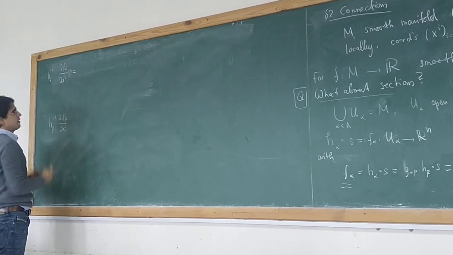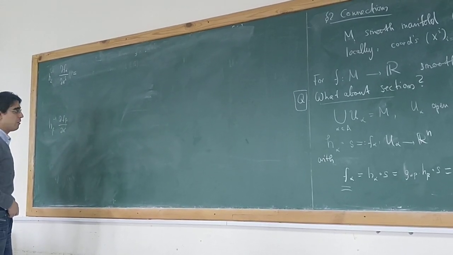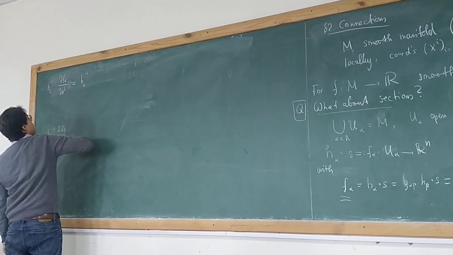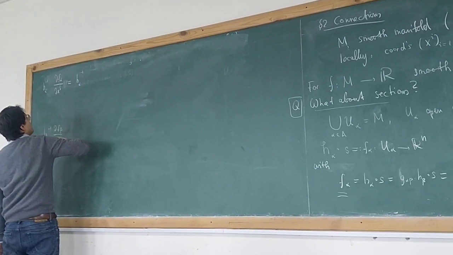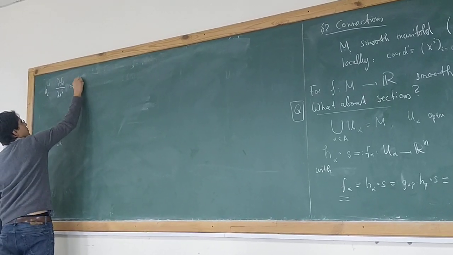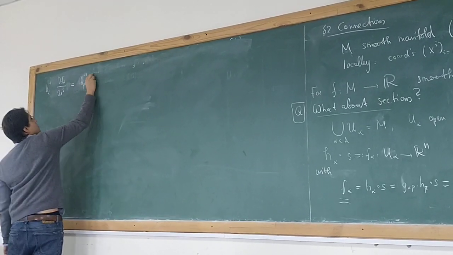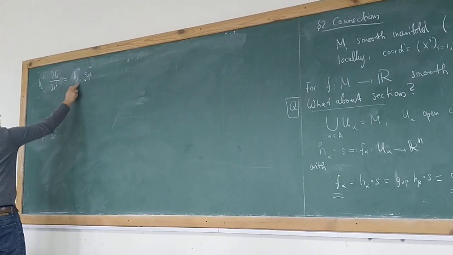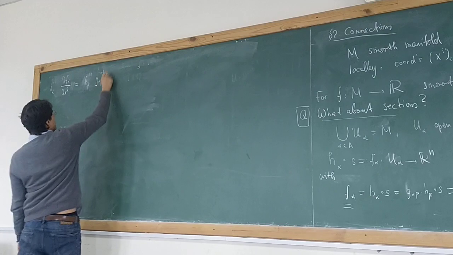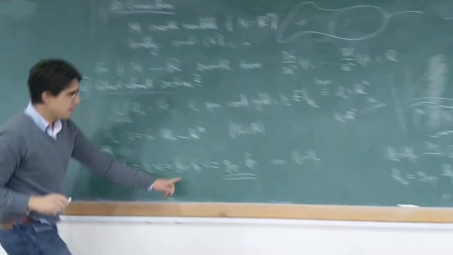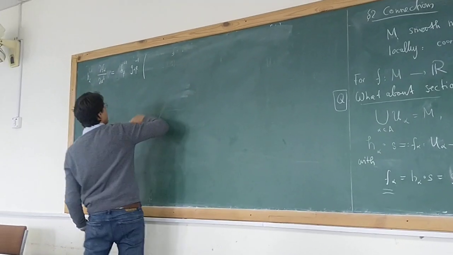Okay, so let's calculate. Let's see if they are equal. So this is H alpha inverse. Well, H alpha I can write as G alpha beta times H beta. And then F alpha is equal to this product, so I need to apply the Leibniz rule.